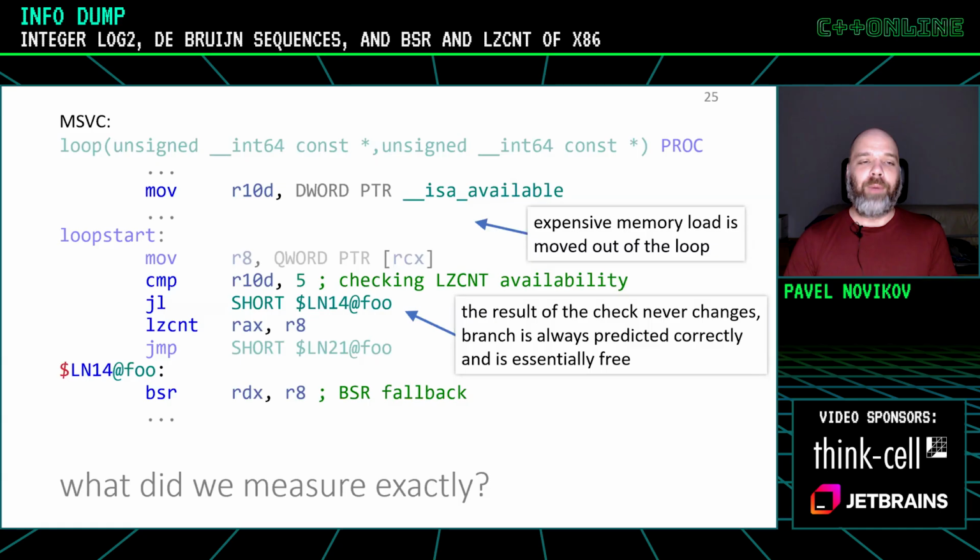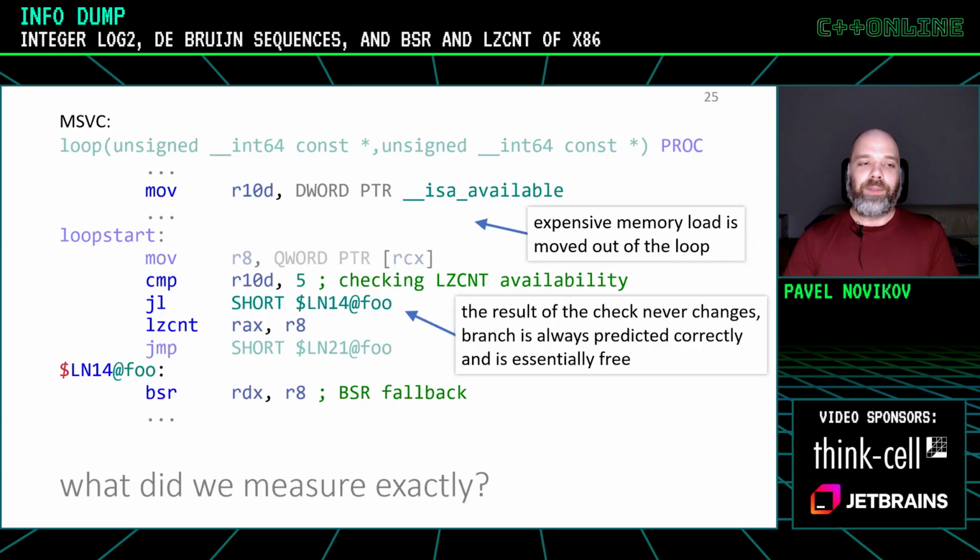We measured some version of an optimized procedure in which the check that is reading from memory is moved outside of the loop. This is a somewhat expensive load operation. The optimizing compiler moved that out of the loop, so we don't actually measure it.